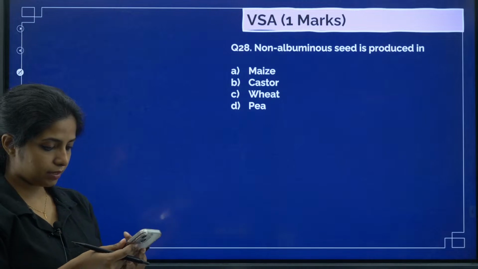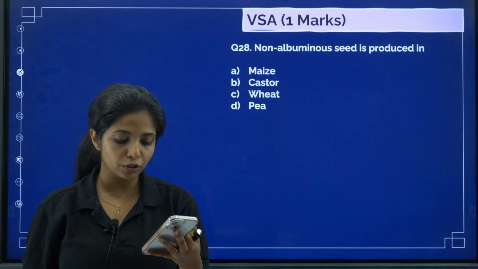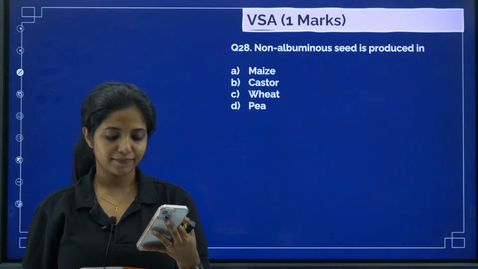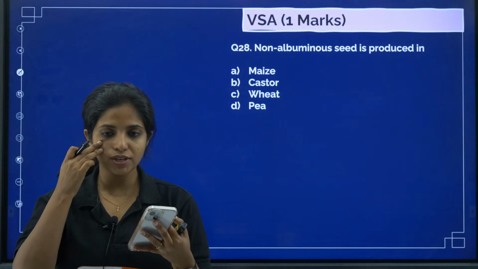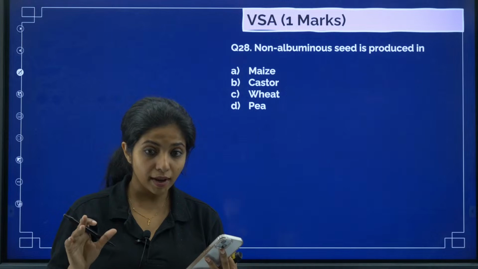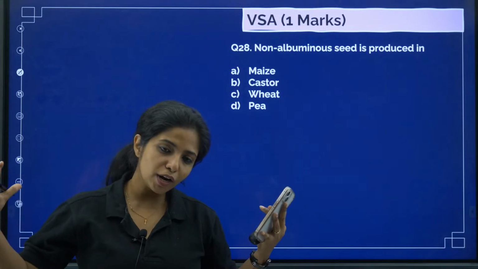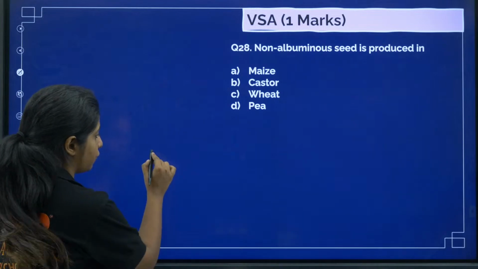Next question, 28th. Non-albuminous seed is produced in. Non-albuminous means what? Albuminous means the one that didn't utilize the endosperm. Endosperm is still left.